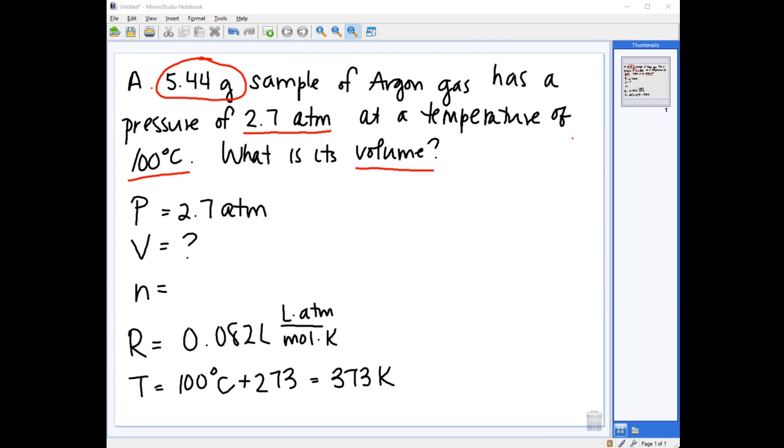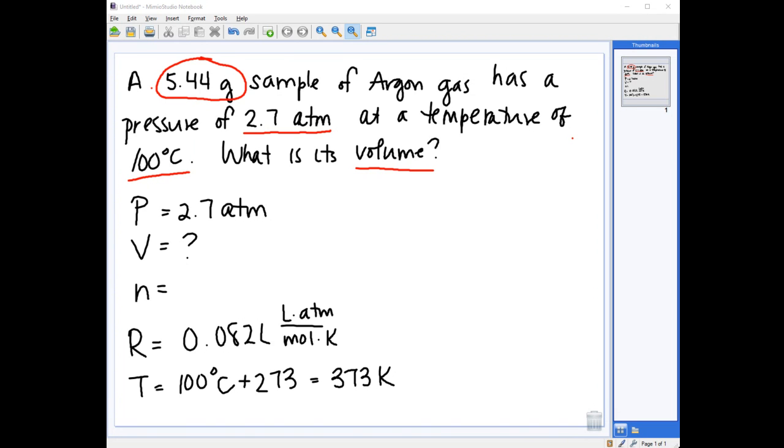Using the molar mass. So if you're given a problem like this where you have a mass and you need moles, don't just throw your hands up in despair. Remember, you can convert from grams to moles using the molar mass.